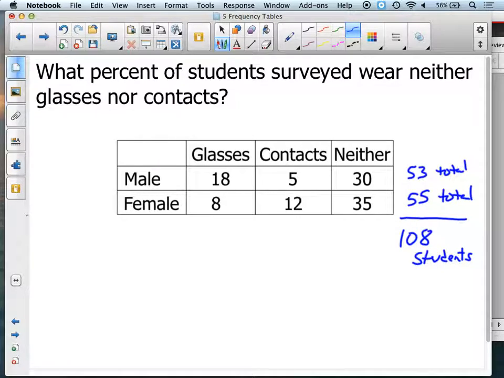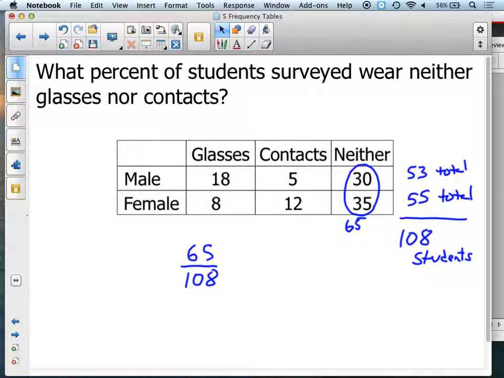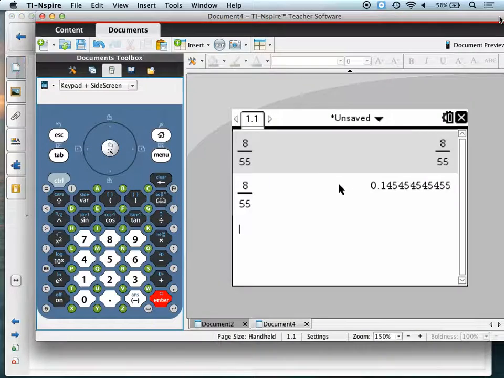So now, I want to know what percentage of these 108 students wear neither glasses nor contacts. 30 plus 35 is 65. So our percentage then is going to be 65 out of 108. Let's go and change that to a percentage. 65 divided by 108.